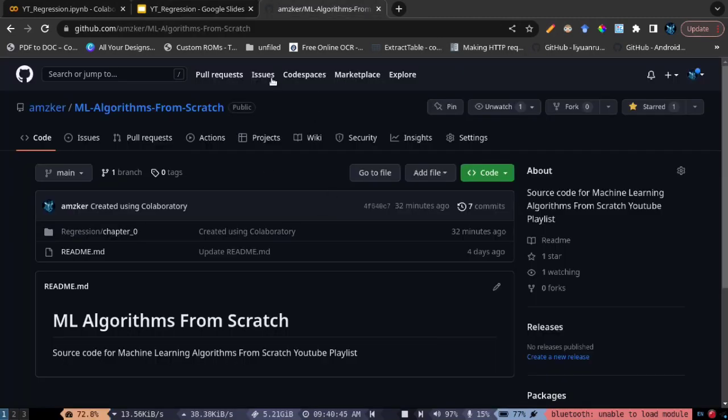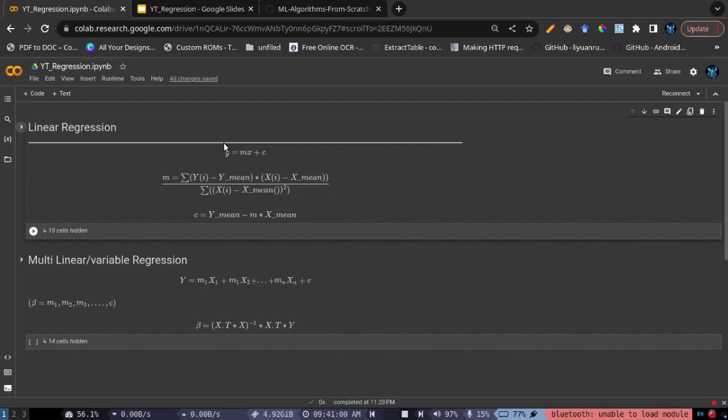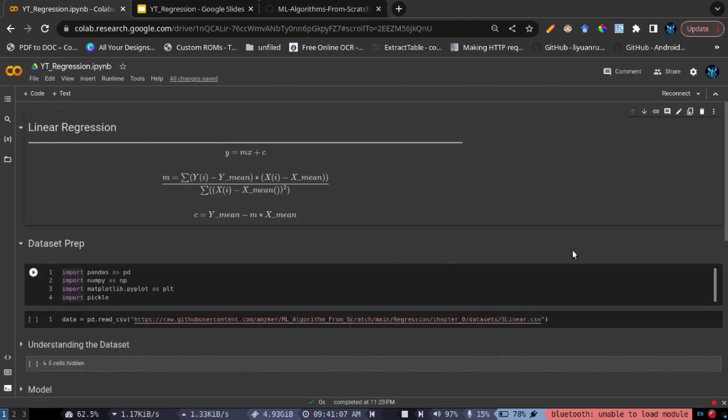You will find the source code here. I will put the link in the description. This is where you are going to find the source code, and if you go into regression chapter 0, you will have our Jupyter notebook and dataset. So let's get started. I have already coded the model, because if I were to live code, the video would get very long, which is unnecessary.